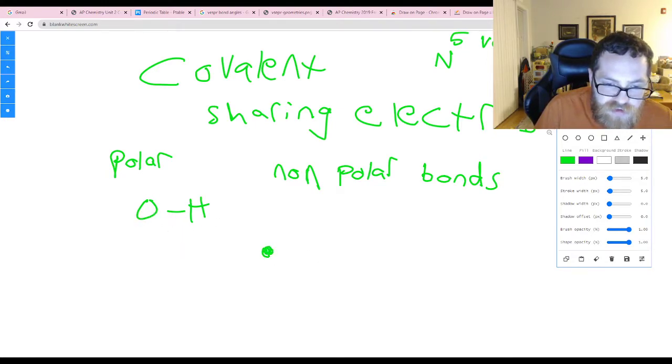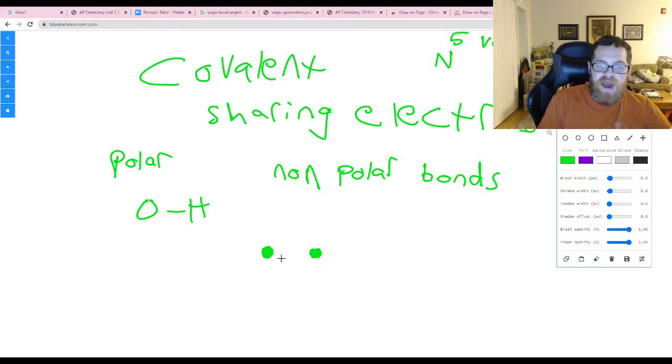Let's think of these as just spheres of influence where the electrons can be. Here are our two poles, and what we're looking at is how electrons go in between them. Oxygen is much more electronegative than hydrogen. That means it likes electrons more, and it takes them in more.